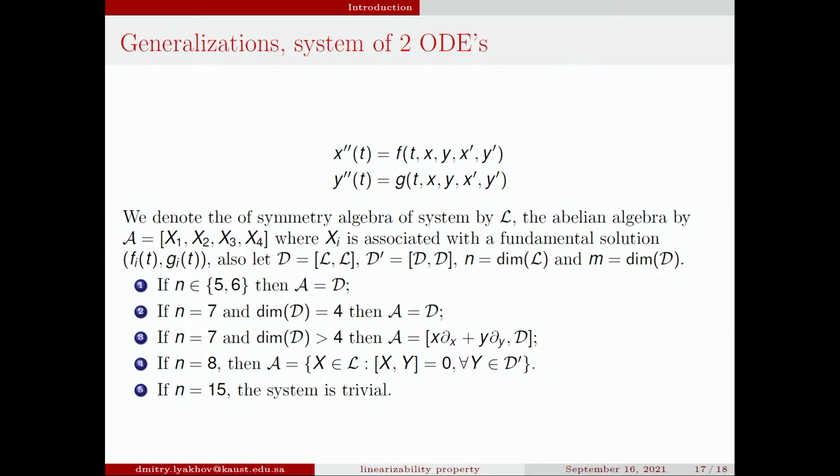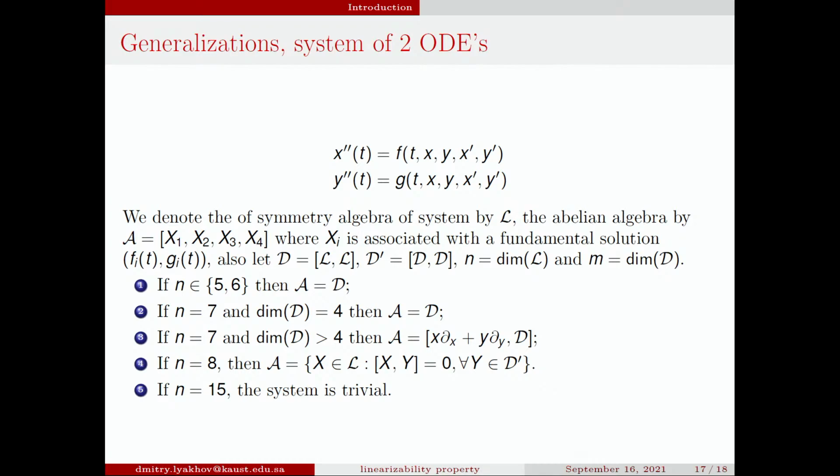And we can see here, A denotes the abelian subalgebra, which is generated by the fundamental solutions. So here the task is the same: how do we construct this A? As we can see, there are 5 cases.